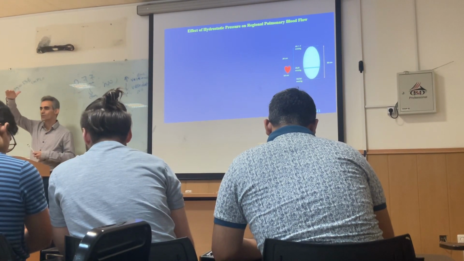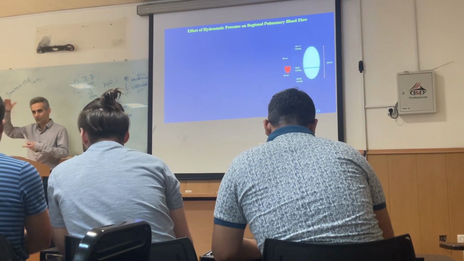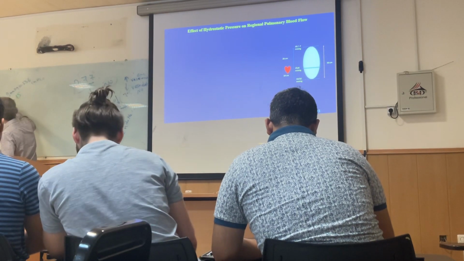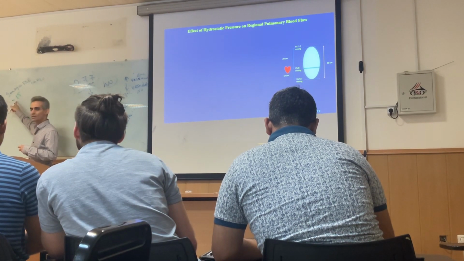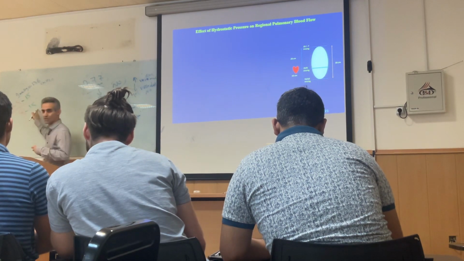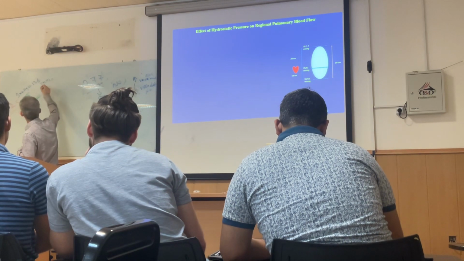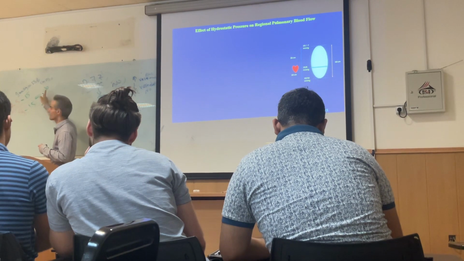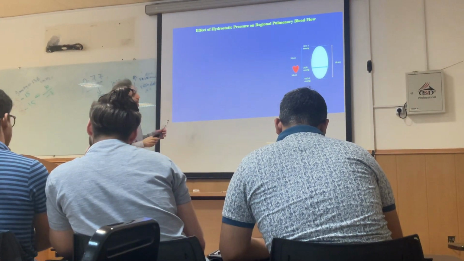At the top, 20 centimeters is about 15 millimeters of mercury pressure. So we should decrease 15 millimeters of mercury from systolic and 15 millimeters of mercury from diastolic. And at the top of the lung, you can see that the systolic pressure is about 10 and diastolic pressure is about -7. You can see here.